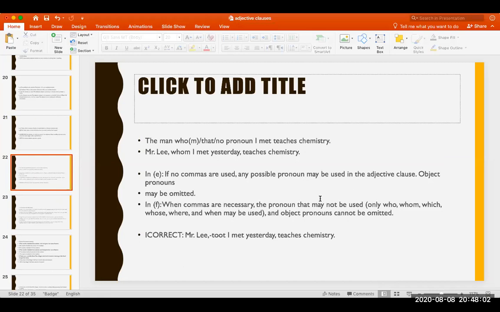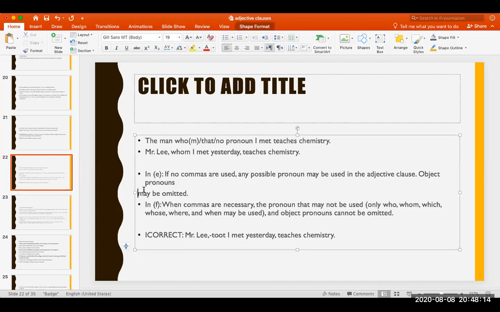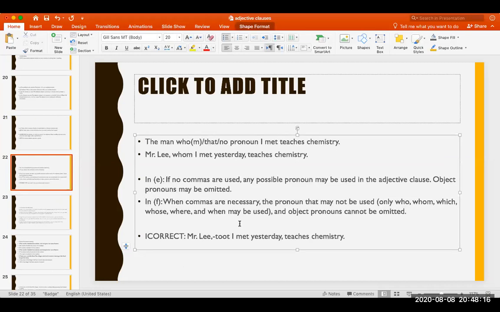There's a piece of information here that I tried to avoid, but I have to say it just for your knowledge. If no commas are used, any possible pronoun may be used in the adjective clause. Object pronouns can still be omitted. Remember, if no commas are used, it means you can use who, whom, that, which.